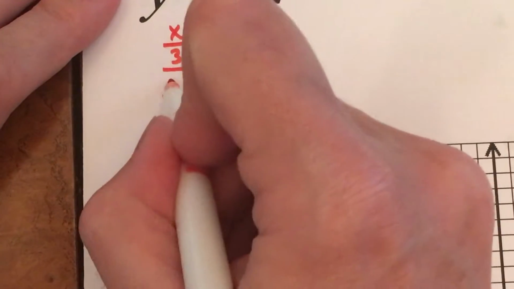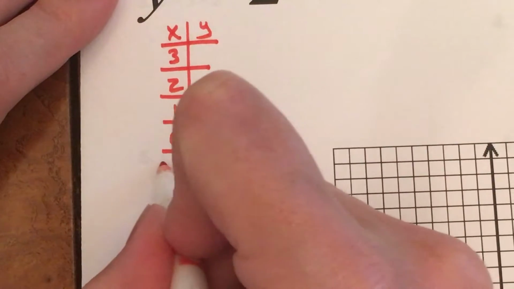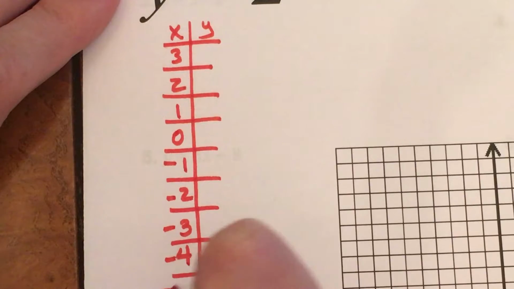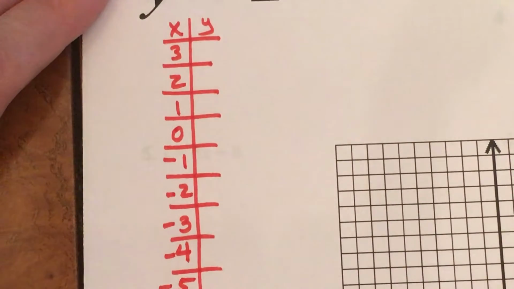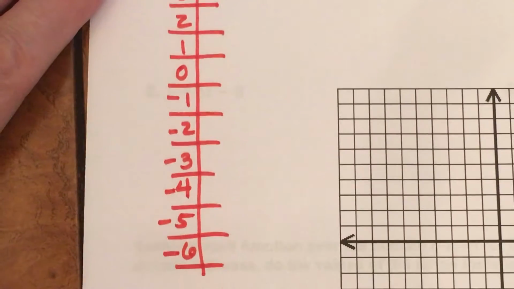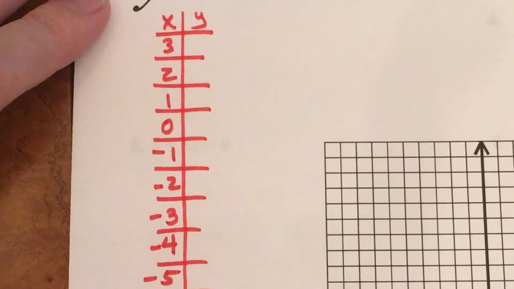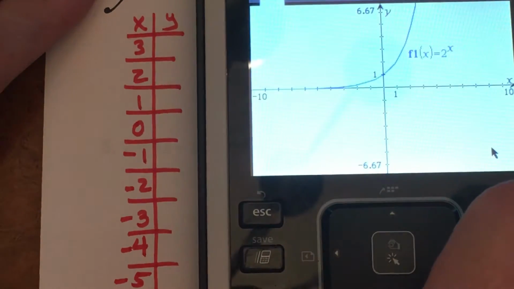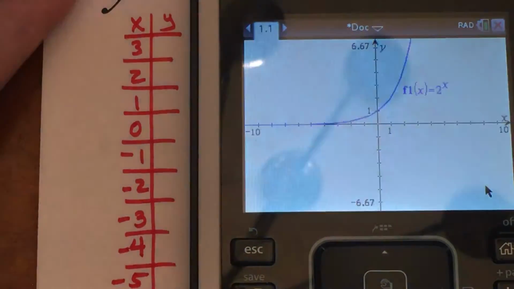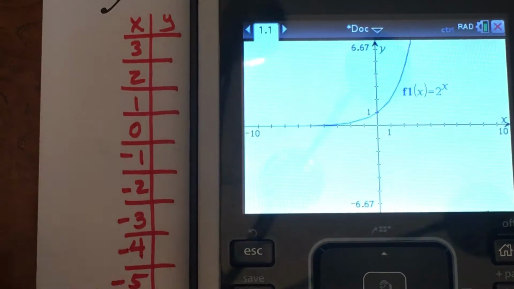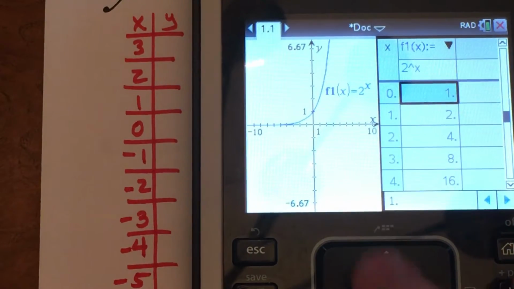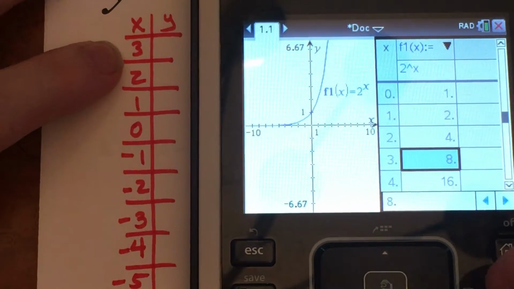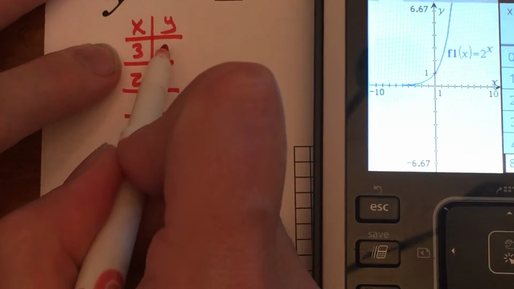Let's start with 3, 2, 1, 0, -1, -2, -3, -4, -5, -6. That should work. Okay, time to get out your calculator. So, Control T. Oops, there we are. So x equals 3, and I have a height of 8.